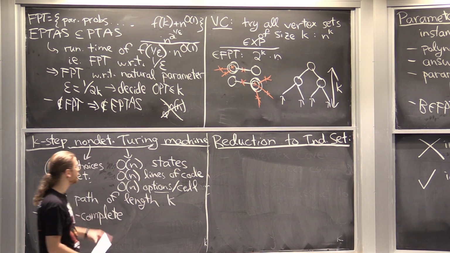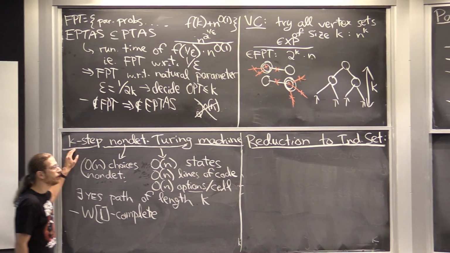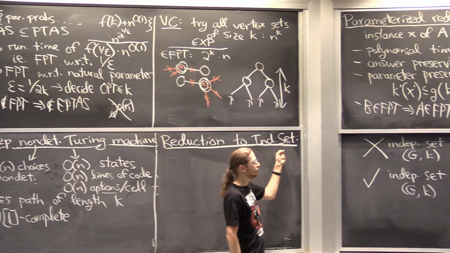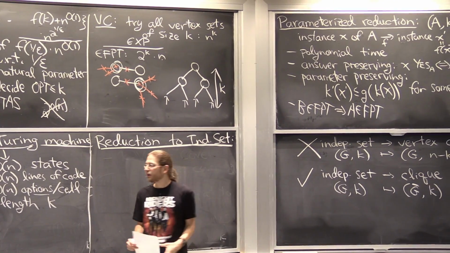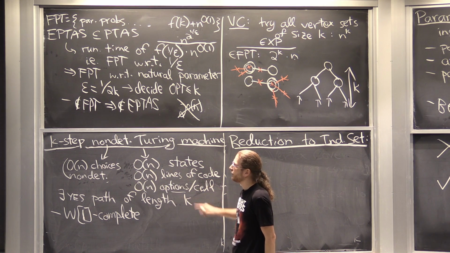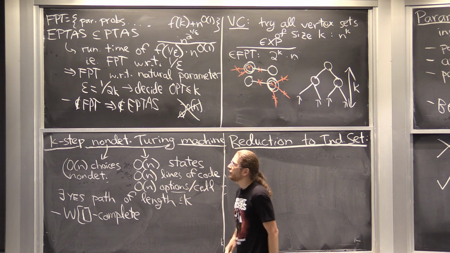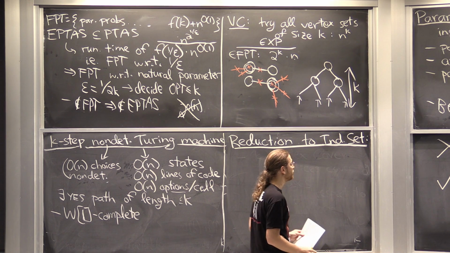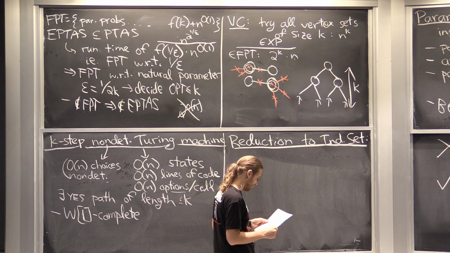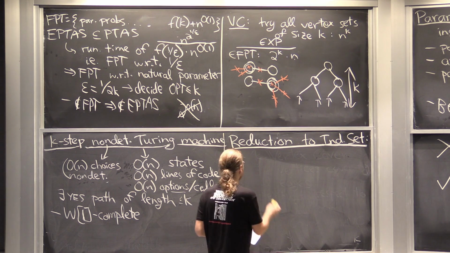So I'm given a Turing machine and a number k. I want to convert it into a graph and a number k such that there's an independent set of size k in that graph, at most k in that graph, if and only if there's an accept path of length at most k in the Turing machine. So I'm going to skip a lot of details because I've been a little vague about how Turing machines work. But the idea is kind of nice.